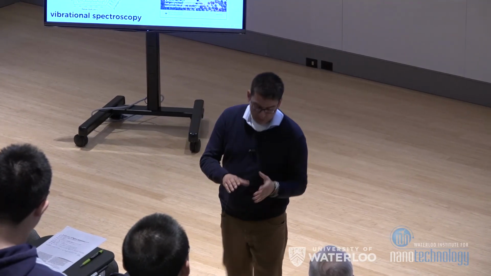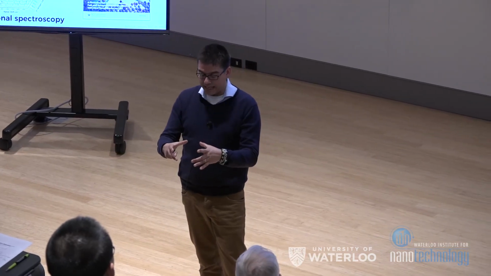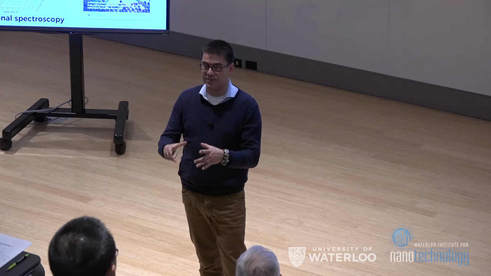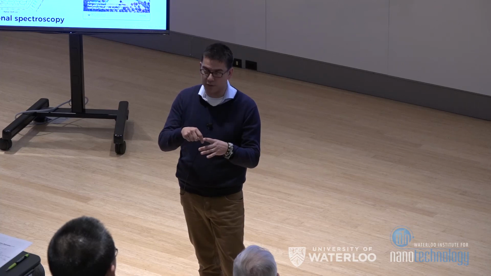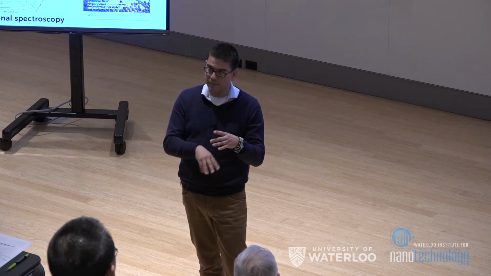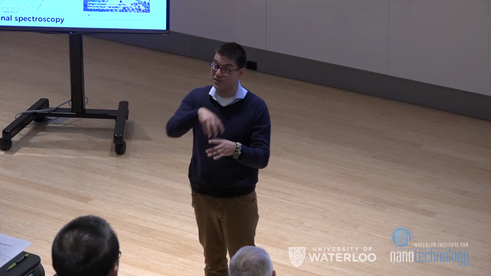The SNOBFIT algorithm effectively looks at the parameter space, and it basically mixes and matches local versus global information. So it doesn't focus on a local region where it finds a minimum or maximum and then sits there. It makes sure it really samples parameter space effectively. So we use that algorithm to then change the variables, so the reaction time, the concentration, and the temperature, and we then repeat that experiment again and again.